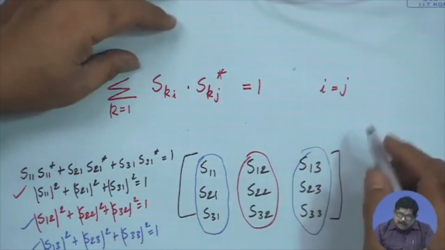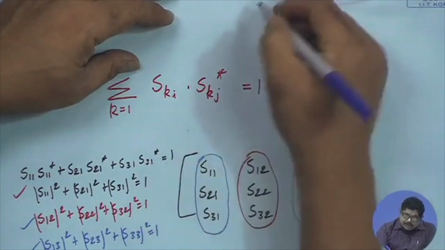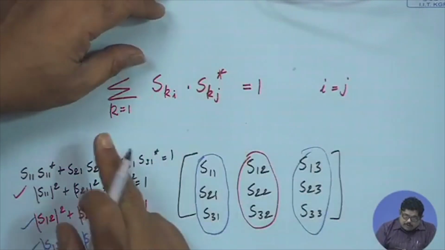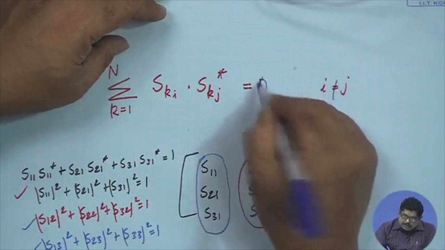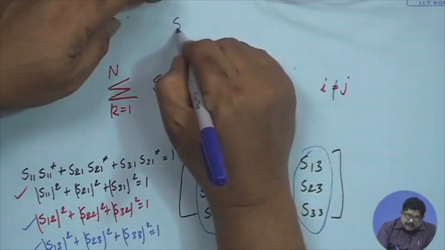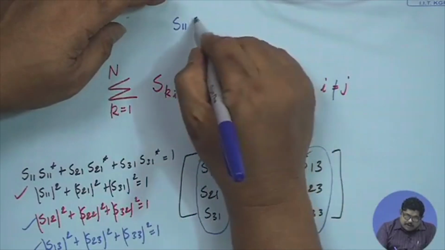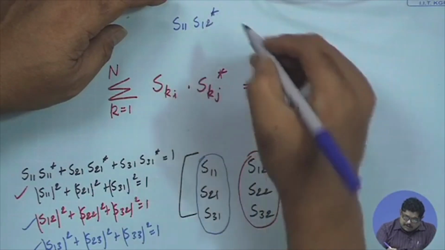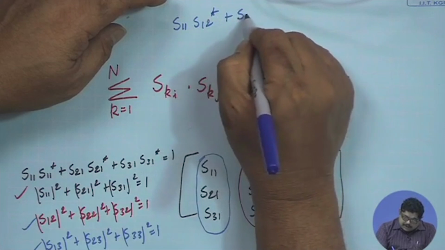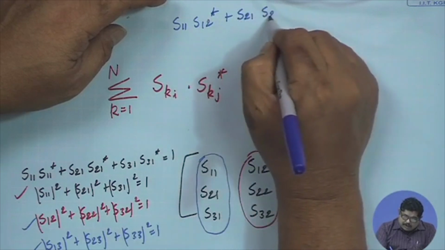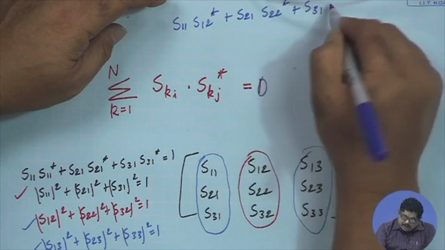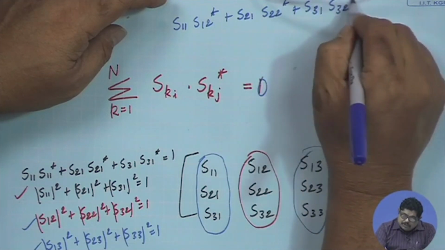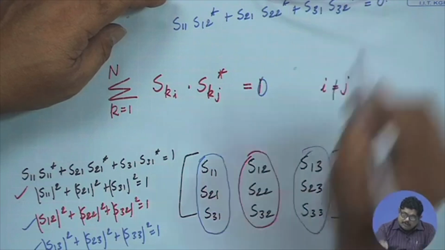Also, I will have 3 more equations, that one with the other. So, when this will be 0, this will be 0, that means S11 S12 star plus S21 S22 star plus S31 S32 star, this will be 0.